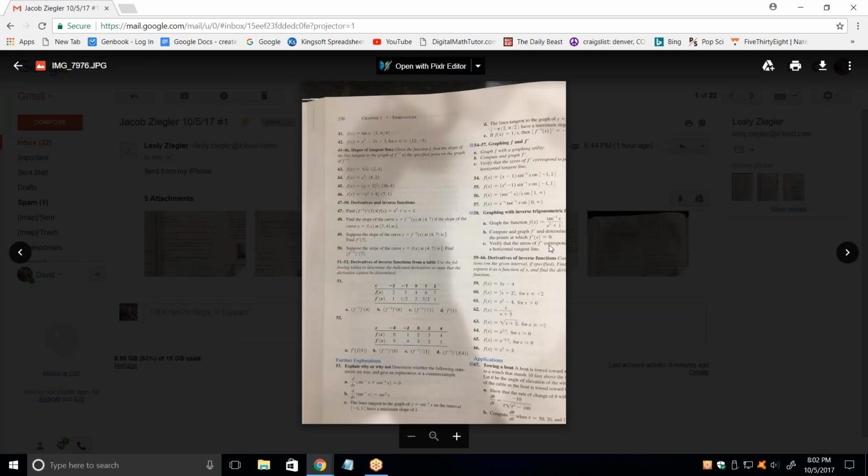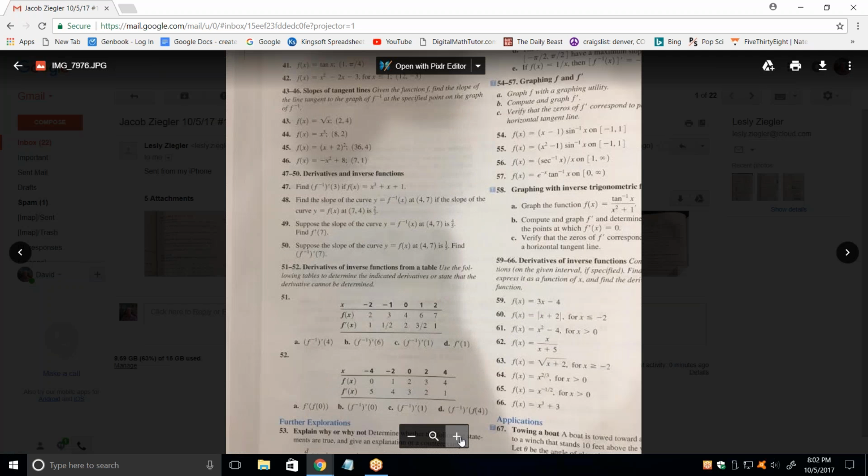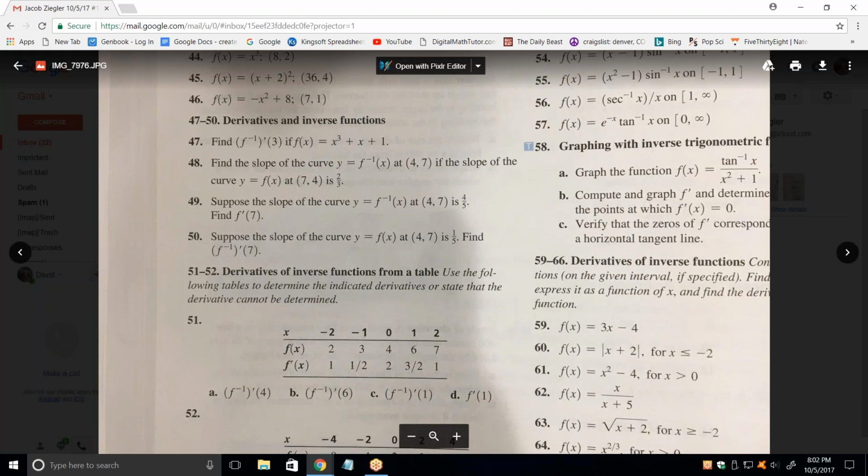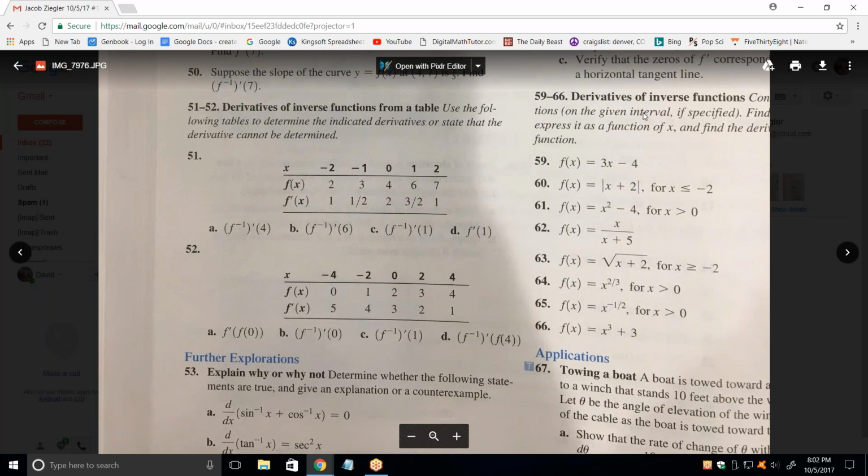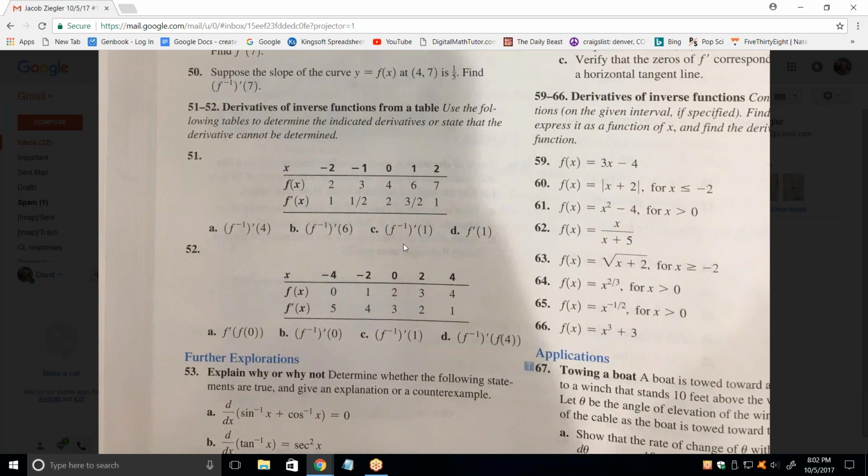You'll notice that this last page here, 59 through 66, derivatives of inverse functions. In fact, 51, 52, this is all going to be similar stuff. We'll get to that next time.